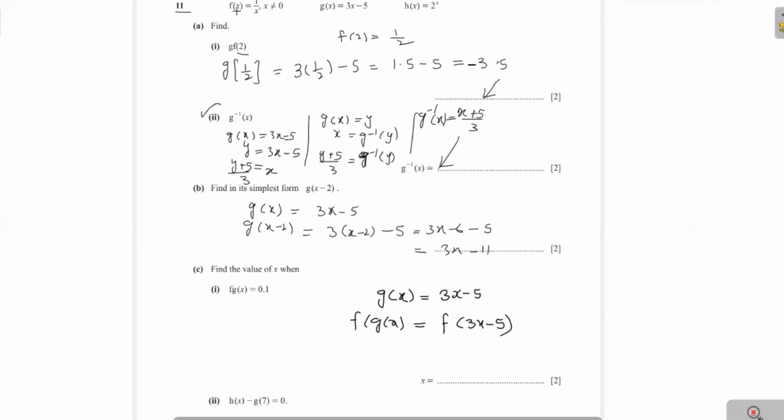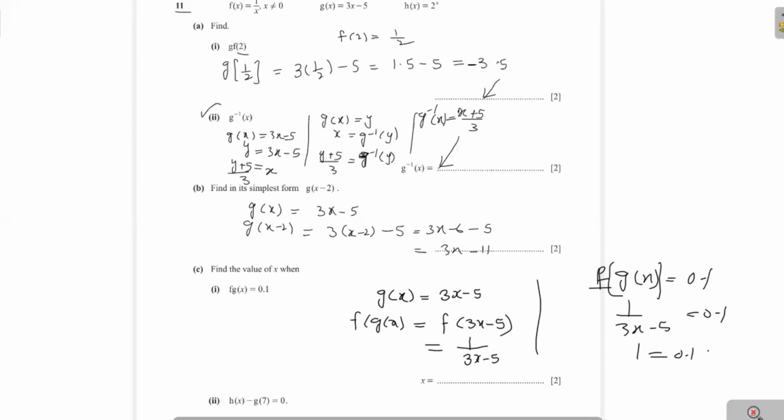You know f(x) equal to 1 over x, therefore we can write 1 over, the value of x here is 3x − 5. Now this value is 1 over 3x − 5, equal to 0.1.